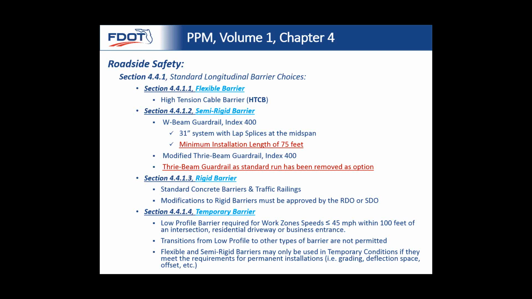I'll take the opportunity right now to mention that a lot of the changes when we went to the 31-inch guardrail system in 2014 with the mid-span splices were an evolution in crash testing standards for all roadside hardware.